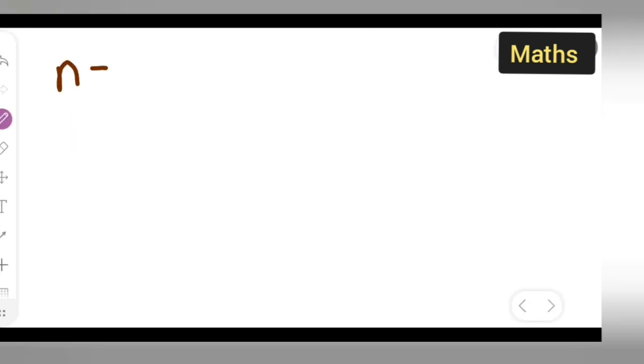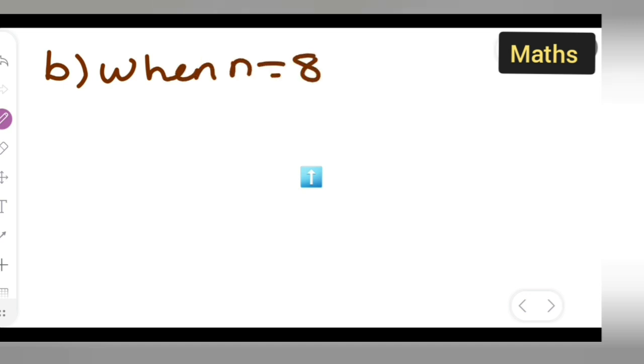Next, let us see the next one, when n is equal to 8. What are we going to do? This is B1. So let me write down B1 over here, when n is equal to 8.